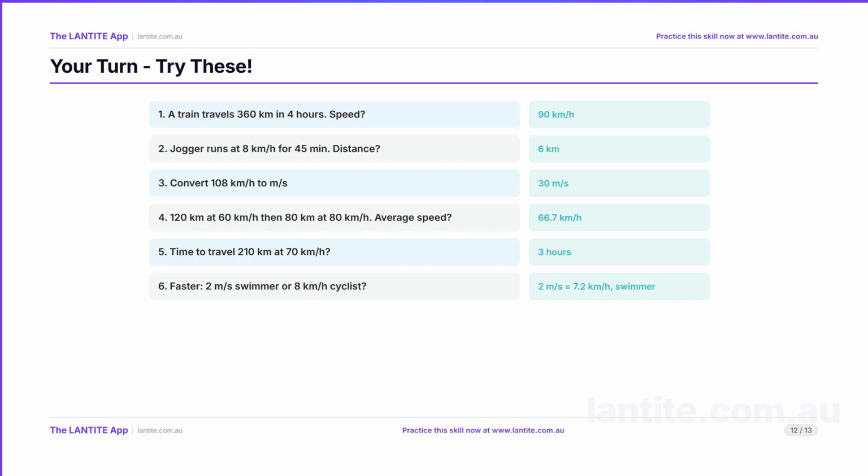Problem 4. A car drives 120 kilometers at 60 kilometers per hour, then 80 kilometers at 80 kilometers per hour. What is the average speed for the whole journey? Problem 5. How long does it take to travel 210 kilometers at 70 kilometers per hour? Problem 6. Convert 2 meters per second to kilometers per hour. Check your answers on screen.